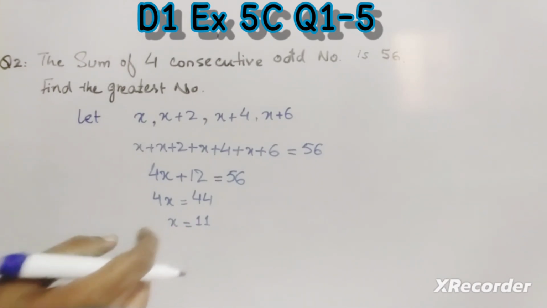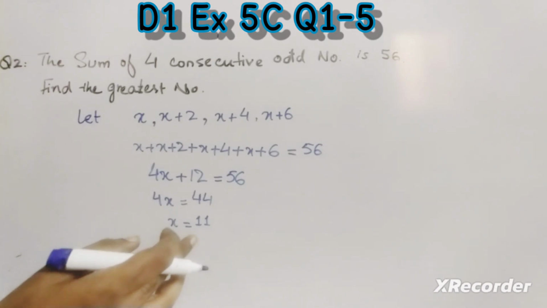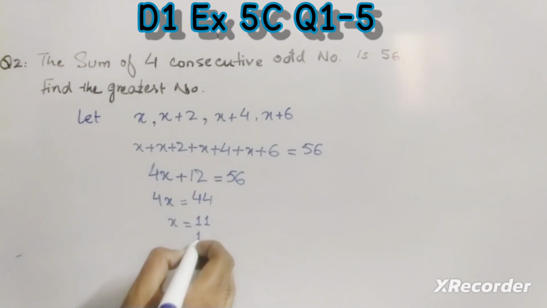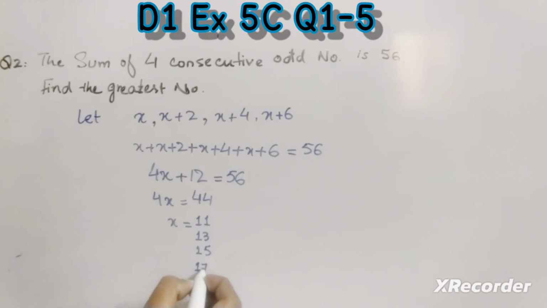But this is not our answer. We are asked to find the greatest number. So this is the first odd number. What is the second odd number after this? 13, 15, 17. So the greatest odd number is 17, and this is our required answer.